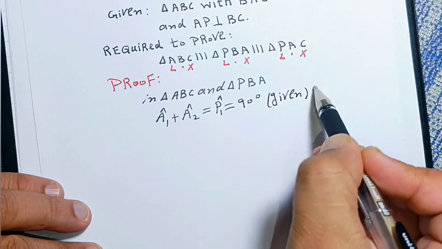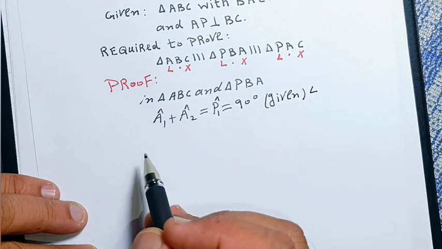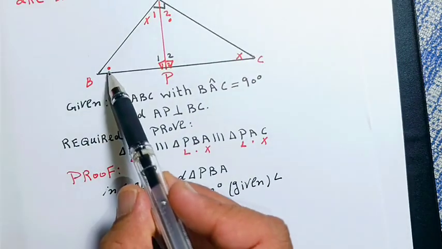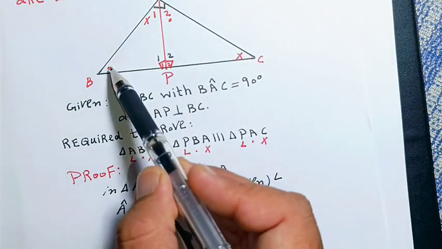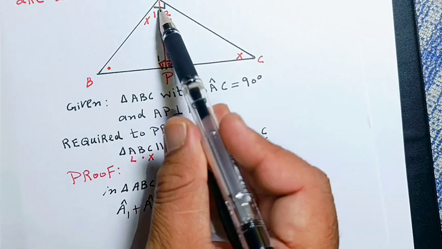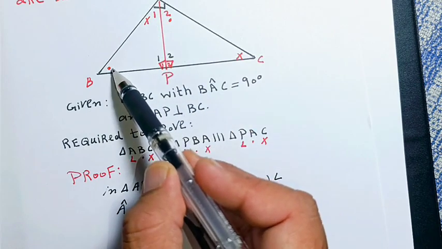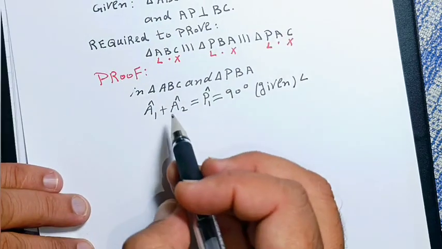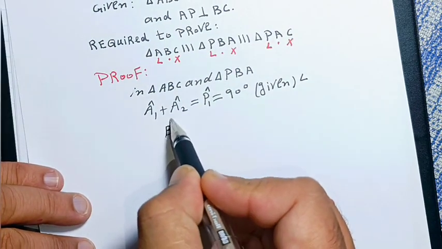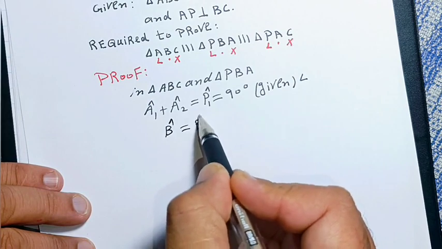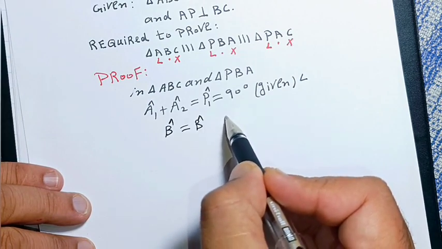This is my first angle, and I need one more, angle B. In the main triangle angle B and in this small triangle angle B is common. So angle B is equal to angle B, and that's common.